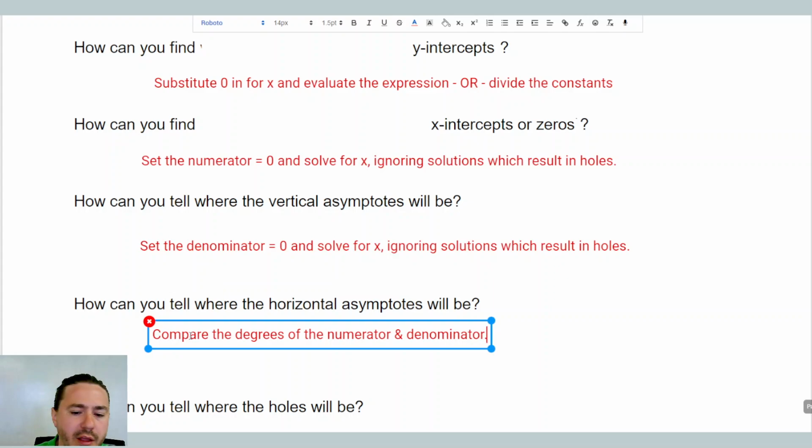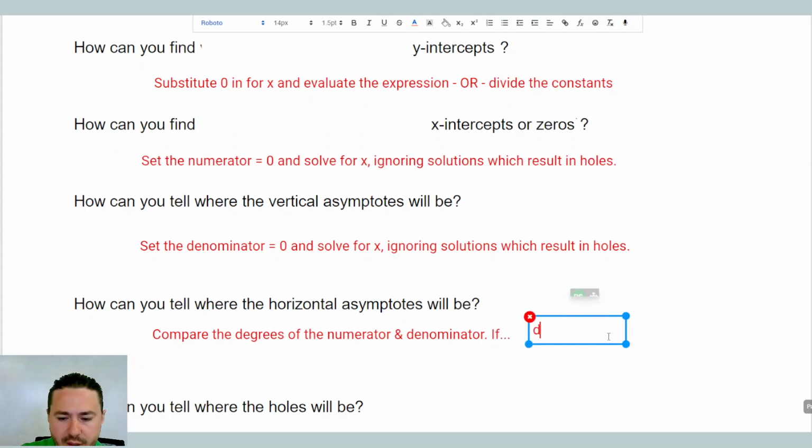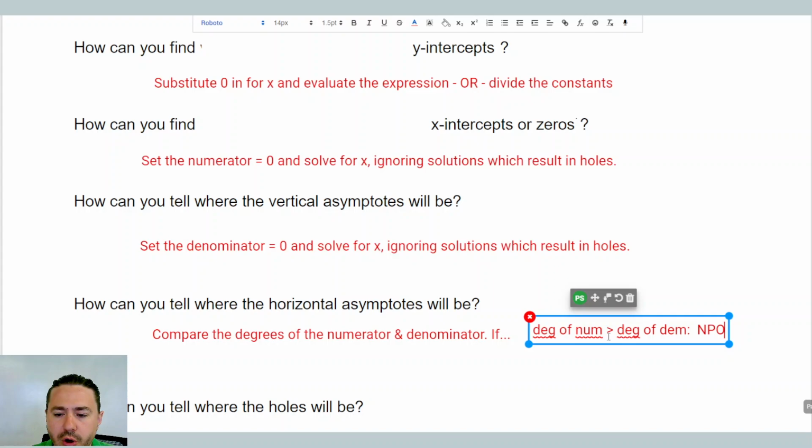So let's list out all these cases. If the degree of the numerator, I'll just abbreviate here, is bigger than the degree of the denominator, then there is actually no horizontal asymptote.